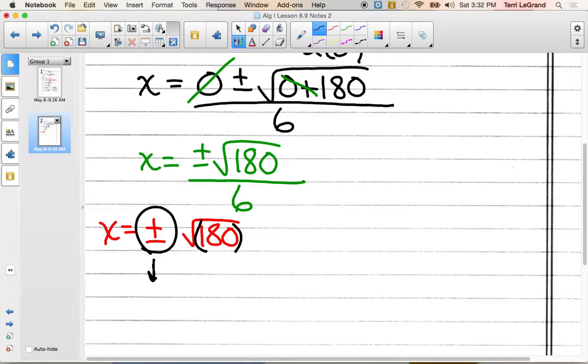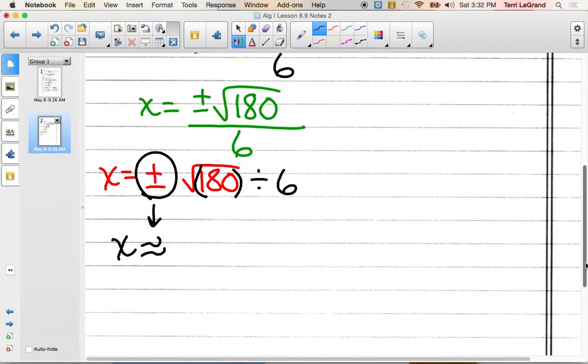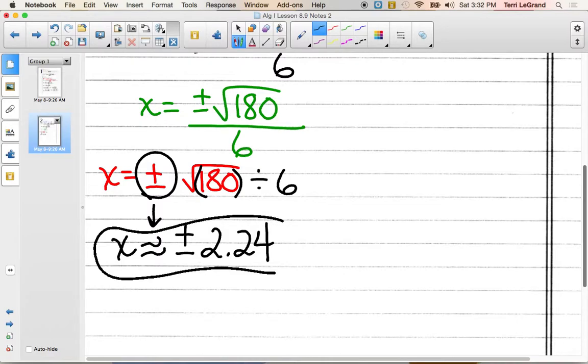We're just going to bring that down, okay? And so we have the square root of 180 divided by 6. And we're going to approximate, look at the thousands place, decide what we should do with the hundredths place, and we should determine that we have a positive and a negative 2 and 24 hundredths as our solution.